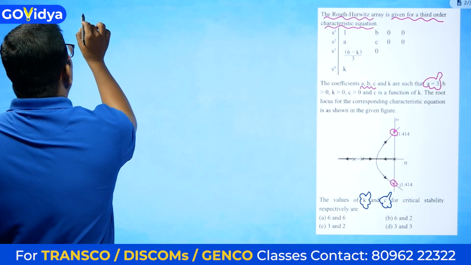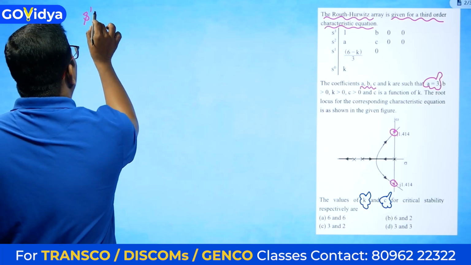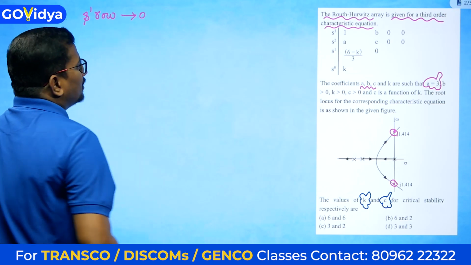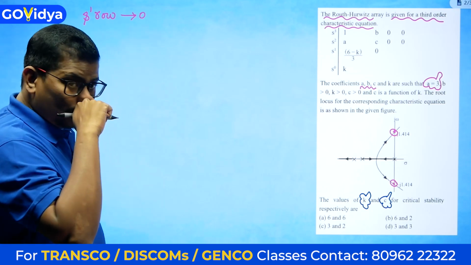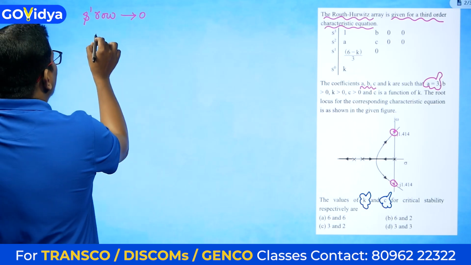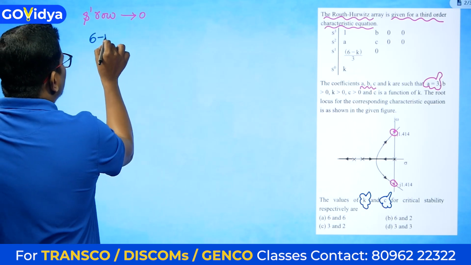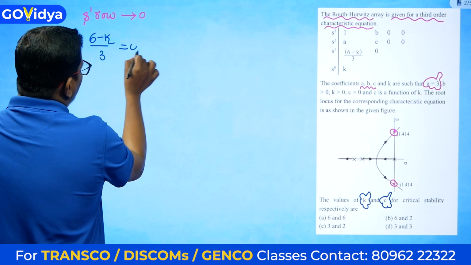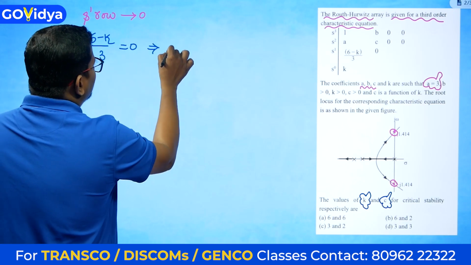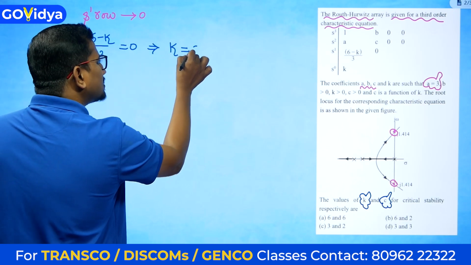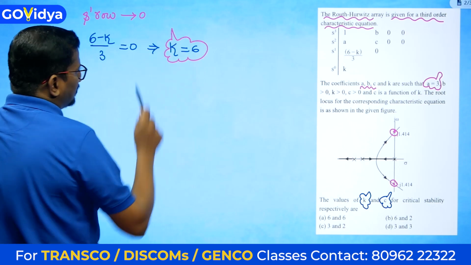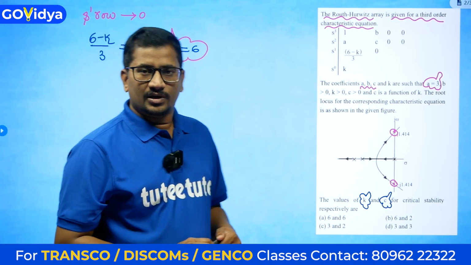From RH criteria, we know very well, 6 minus K by 3 equated to 0. From this, the K value is going to be 6.